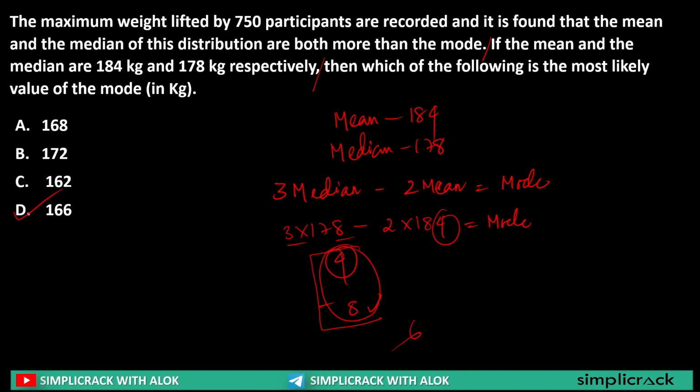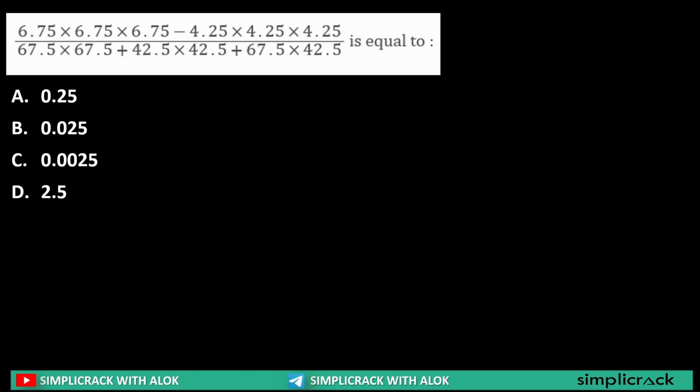I do not have to solve the whole question, first and foremost. Second, this question is very tricky. Most of the students will make a calculation error, but this is quite simple. How? I am telling you. Whenever you find this kind of question, try to make it without any decimal.